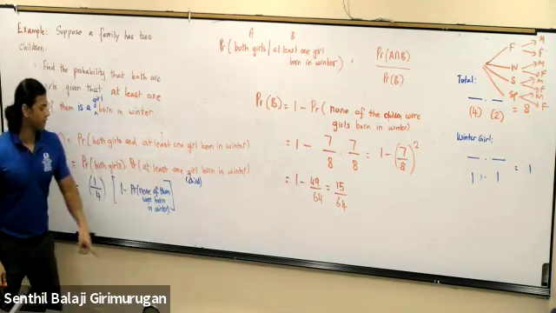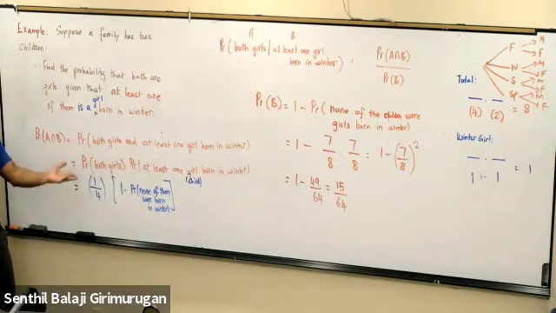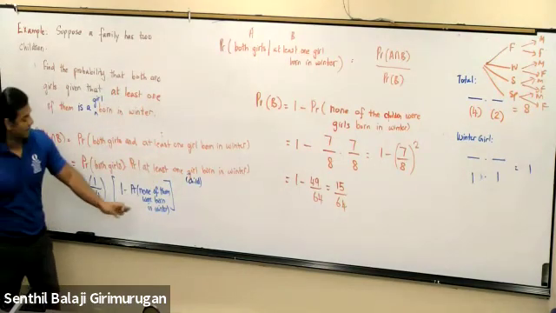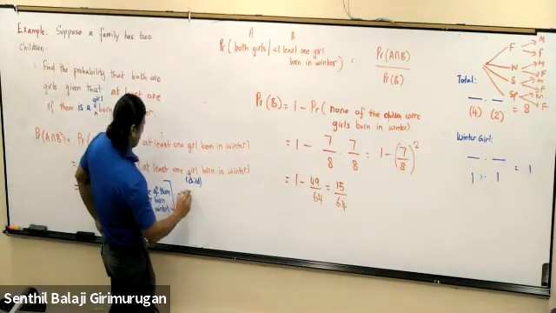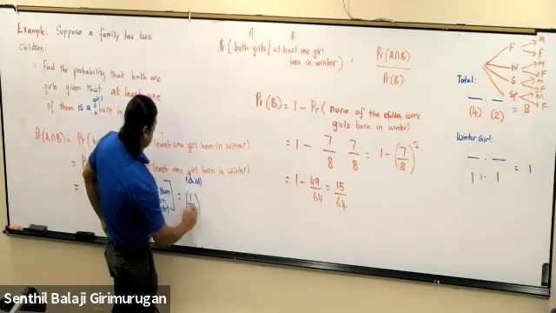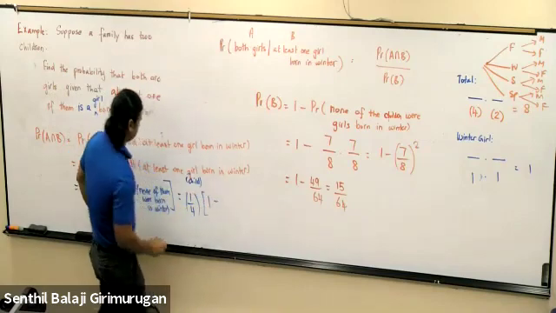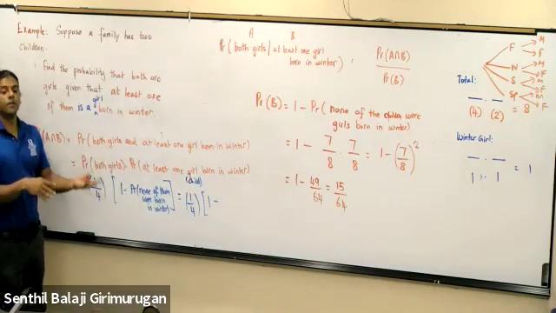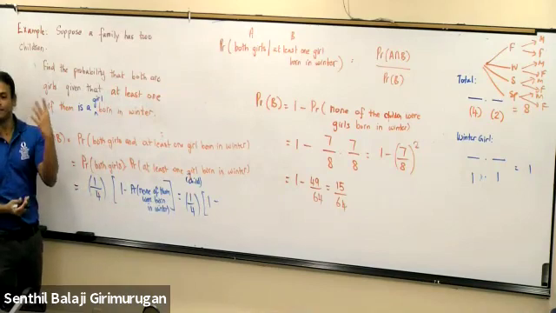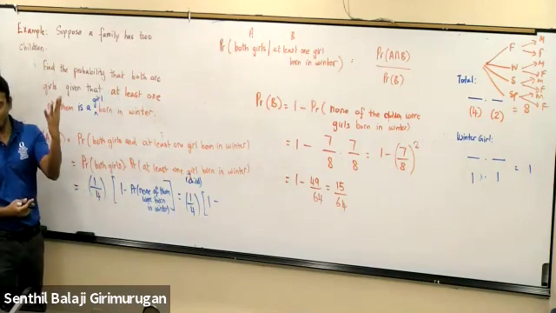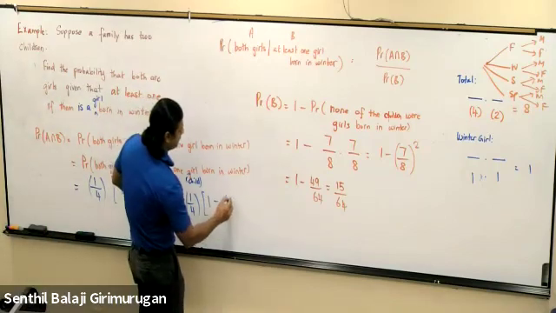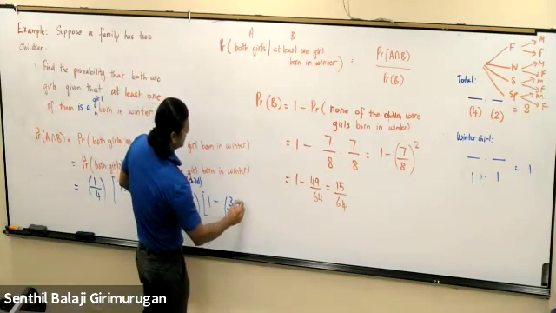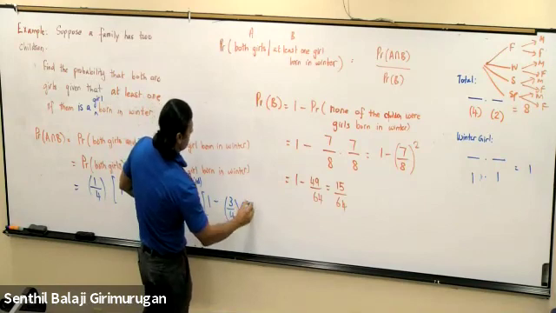So that would be 1 minus the probability that none of them were born in winter. Well, what is the probability that a child was not born in winter? You have 4 seasons, only one of them is winter. So this would be 3/4 times 3/4.